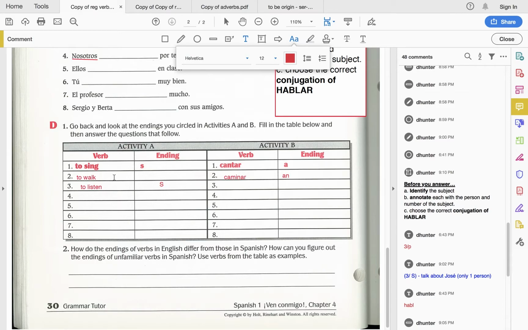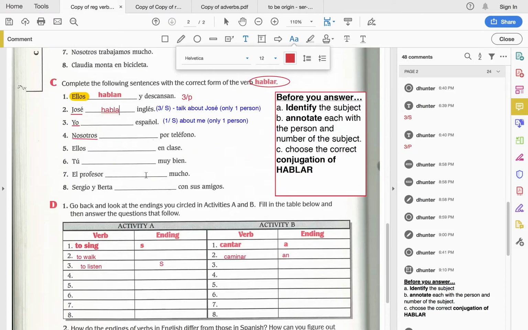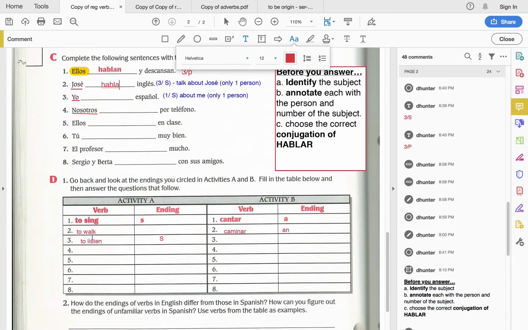When you go below, though, you can see that in number 2 here, as it is in activity A, when you go up to number 2 it says that they walk home. Now, unlike number 1 and number 3, there's no S ending, so that in English would be having no verb ending. When we see that here, we would leave that verb ending space blank.